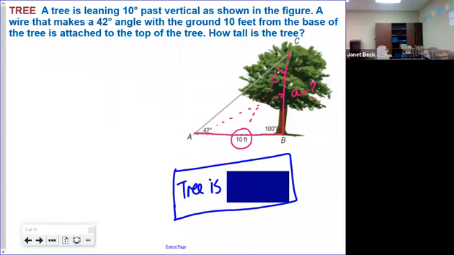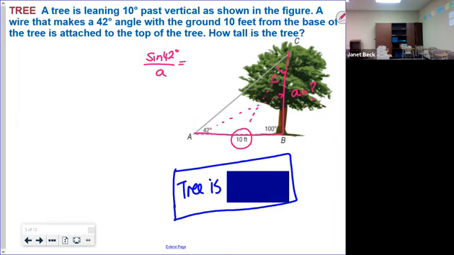So to find side length A, if we wanted to use the law of sines, we'd have to use the sine of 42 degrees over A and set that equal to something, but we don't have another pair.